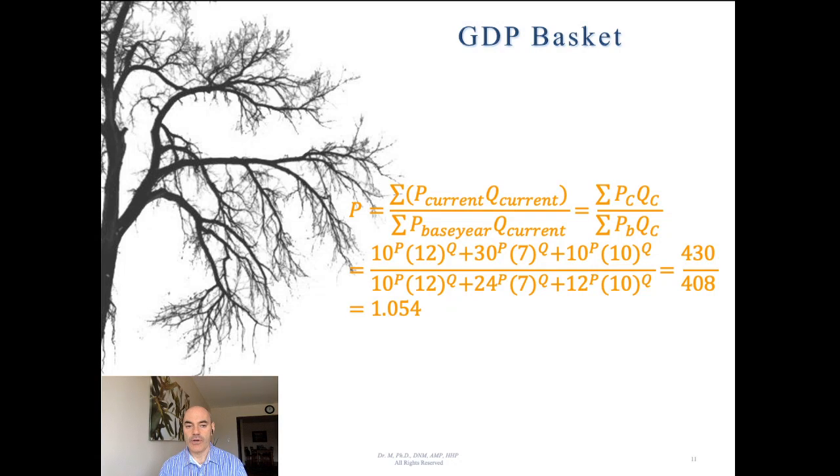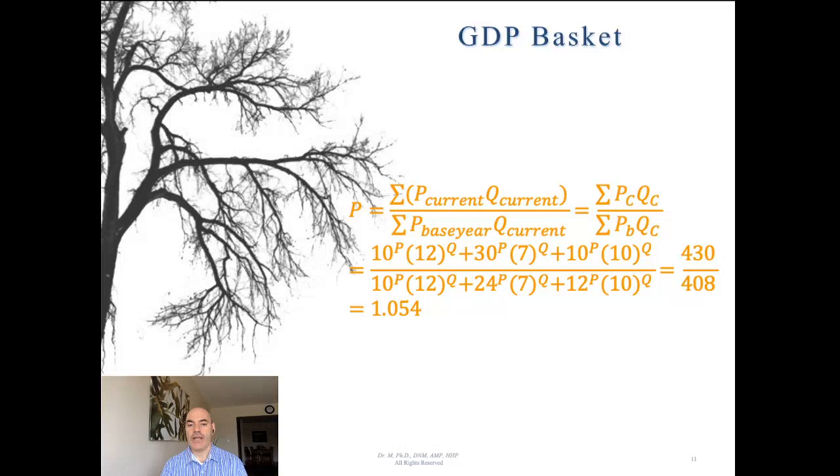All this is summed up across all different goods and services that are new within a given year of domestic production, divided by the price in the base year, that's the year that you want to compare the prices against, times the quantity in the current year, and you sum up all the prices in the base year multiplied by the quantities in the current year, and then you have an equal summation sign, an abbreviated expression.